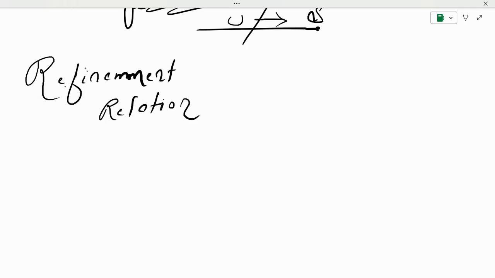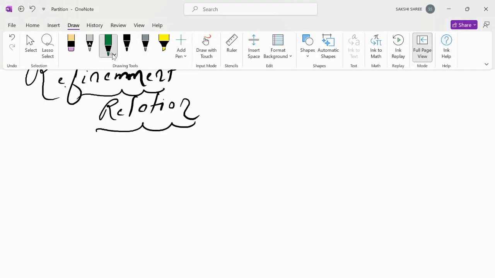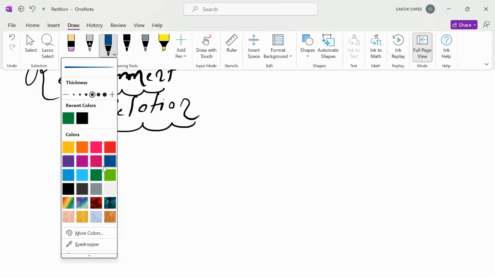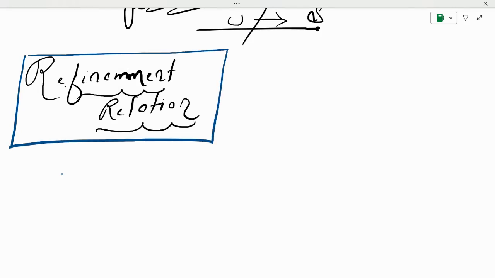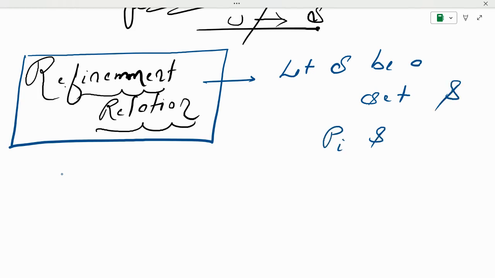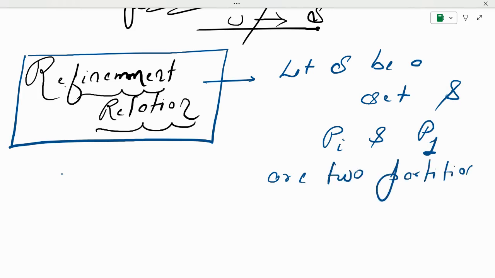Okay, what does this refinement relation mean? Let S be a set, and for this set, Pi and Pj are two partitions of S.